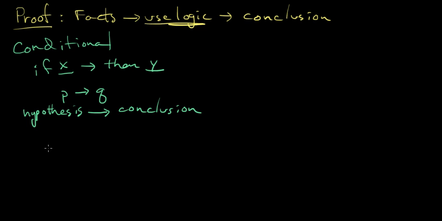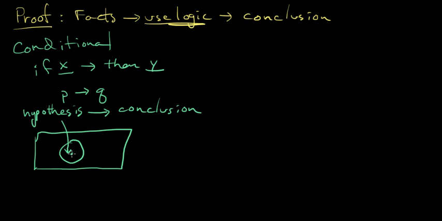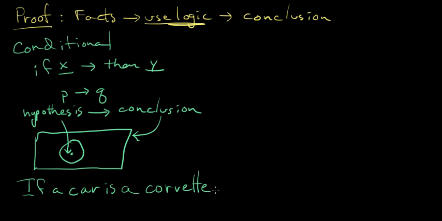Another way of looking at that is in a Venn diagram here. We have a circle. Your hypothesis is what's in here. Okay, this is your hypothesis. The conclusion is this big box out here. In other words, if a car is a Corvette, then it is a Chevrolet.